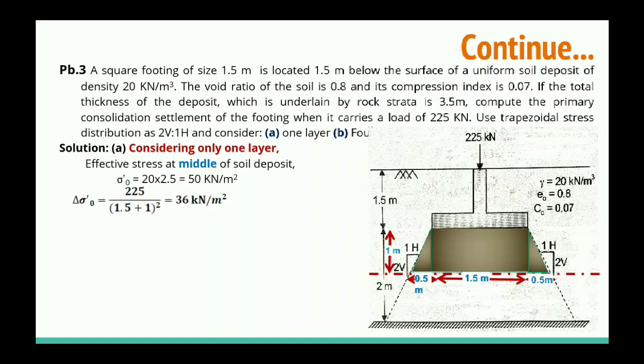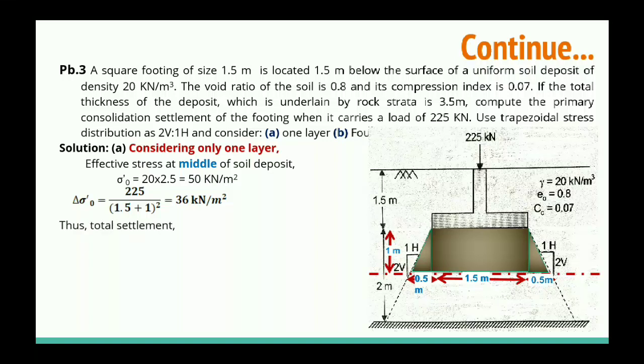We can calculate the change in the effective stress due to the applied load on the footing only. So we got the change in the effective stress, 36 kilonewton per meter square. Are you clear? Okay.